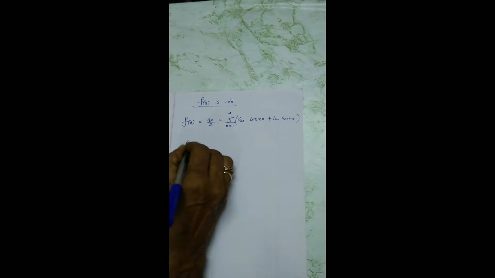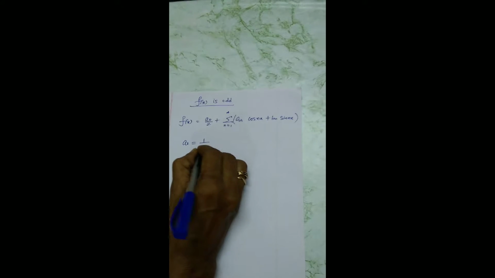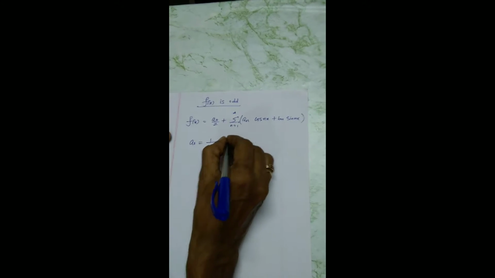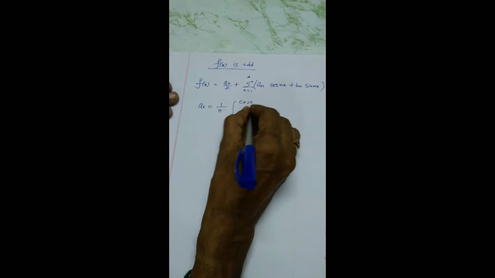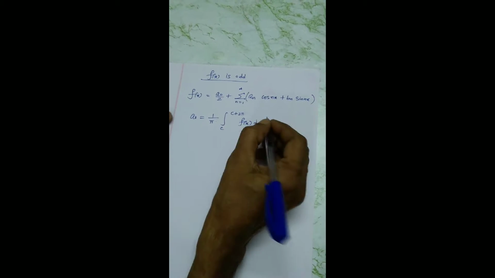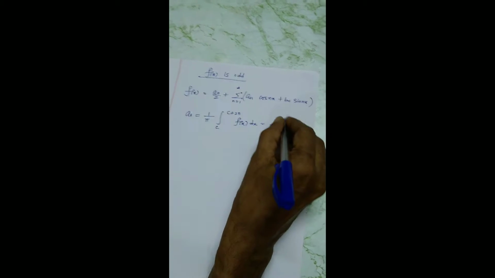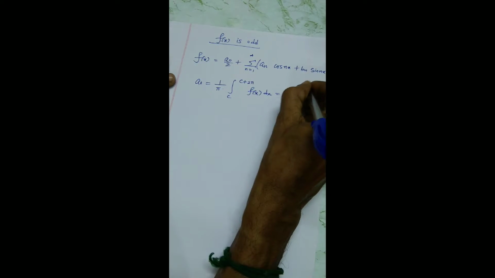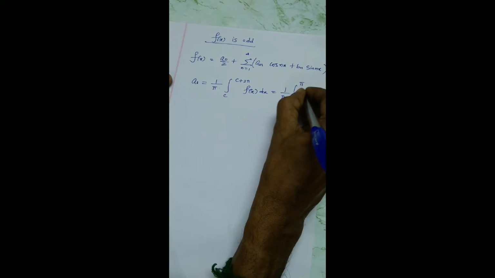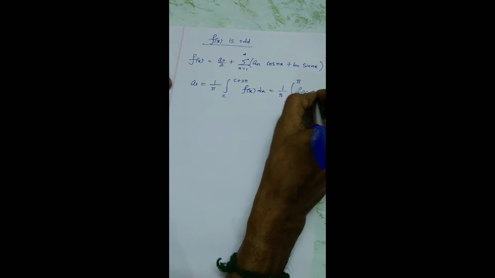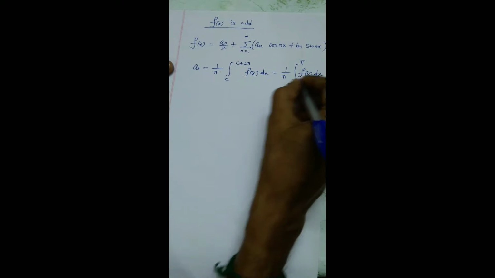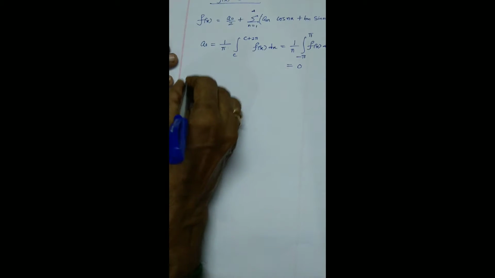So what is a naught? 1 by pi integral c to c plus 2 pi of f of x dx. If I set the limit minus pi to pi and my function is odd, you know the value of the integral is 0.